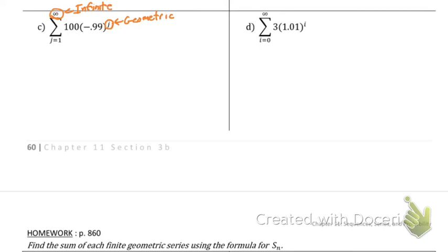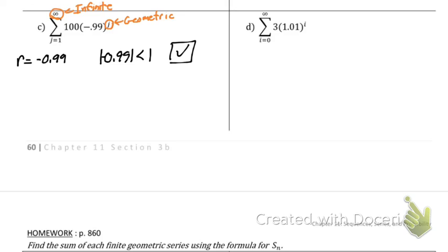Infinite means I need to do the check. I need to check my r value. Well, my common ratio is negative 0.99. The check is, is the absolute value of negative 0.99 less than 1? Yes, it is. So it's convergent. Convergent means I can find the sum.